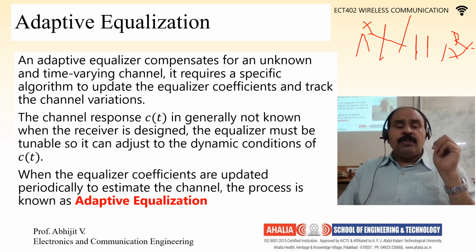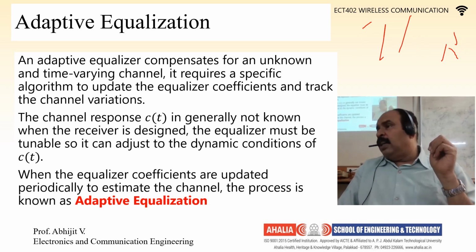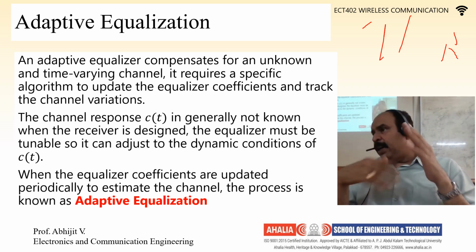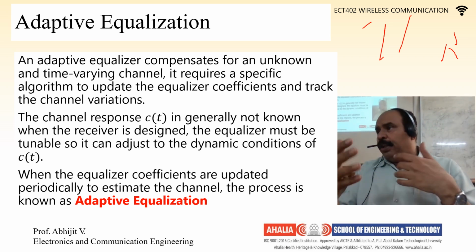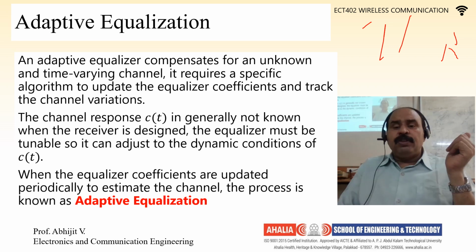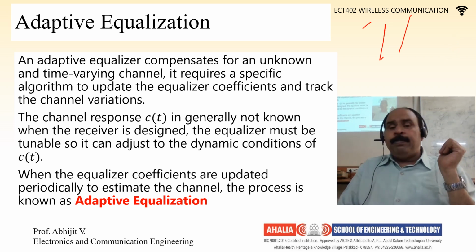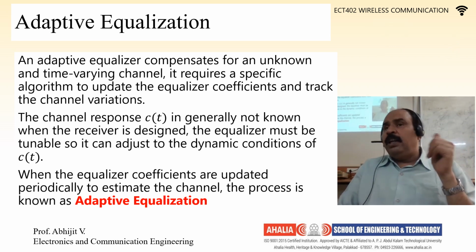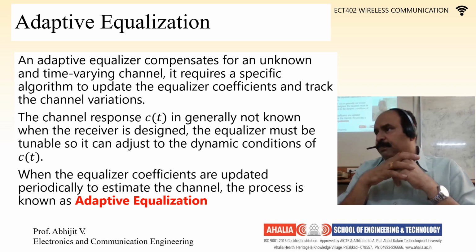And this channel response is adapted at every period of time. There is a time gap and it is updated periodically. There could be rain, there could be so many other things that interrupt the transmission and the reception process.